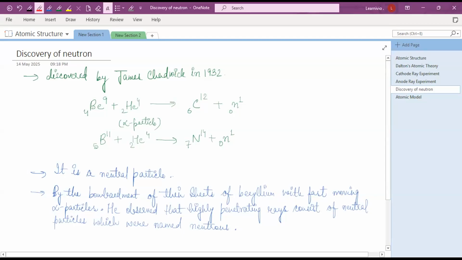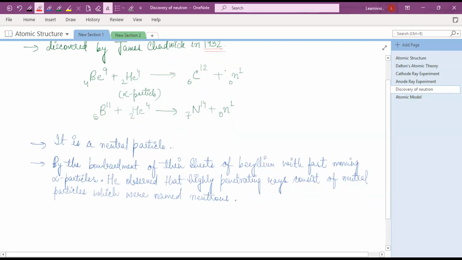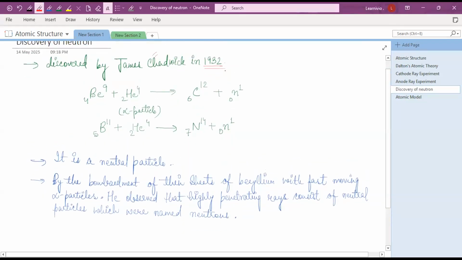Neutron was discovered by James Chadwick in 1932, right? Now see what he did. He did some experiment. He bombarded thin sheets of beryllium with fast moving alpha particles. Okay, so we will not see this in detail.